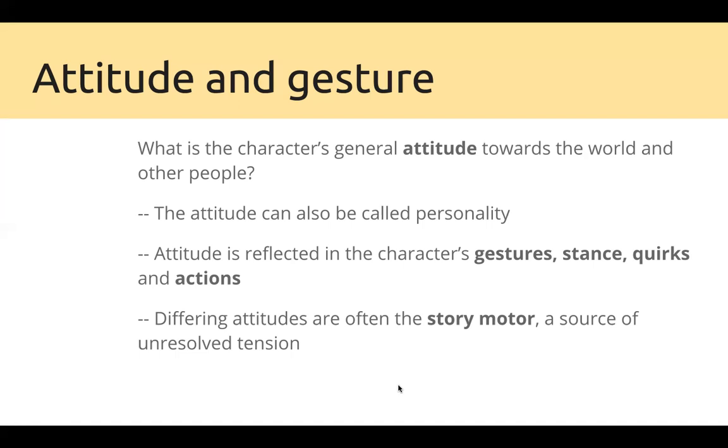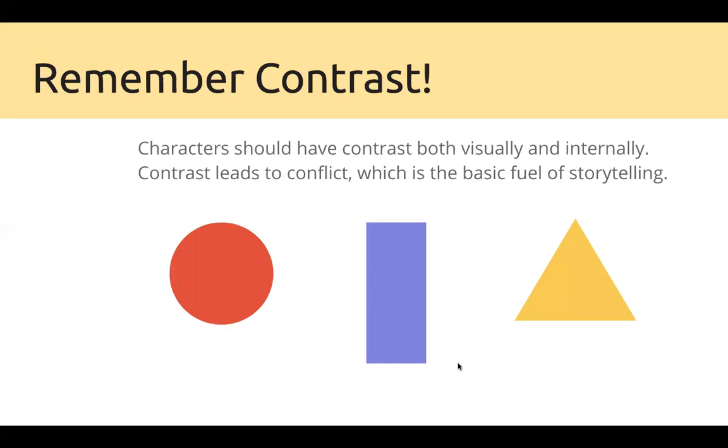Okay, and the attitudes that are different between people, they are often a source of unresolved tension, which is also called the story motor, if you are thinking about creating a series, for instance. And then this is the last slide here.